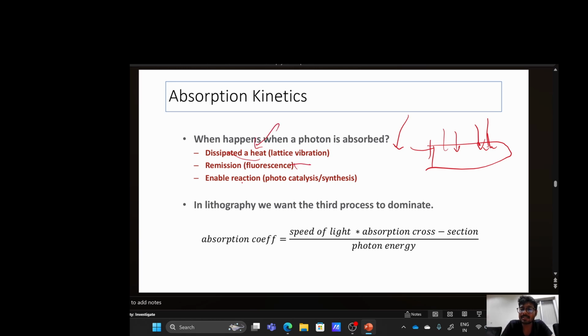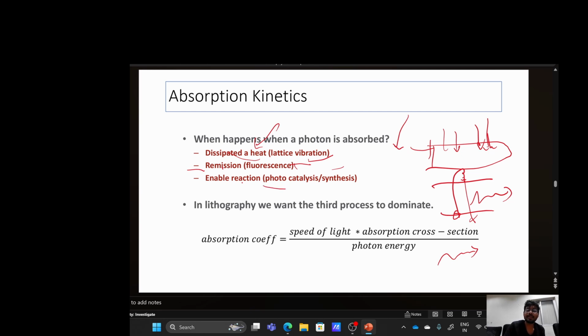Another is, if an electron goes to the conduction band, when it falls back it emits the photon again. That is the re-emission of photon, that is the fluorescence. And one more thing is happening, a photocatalytic reaction that we are interested in.